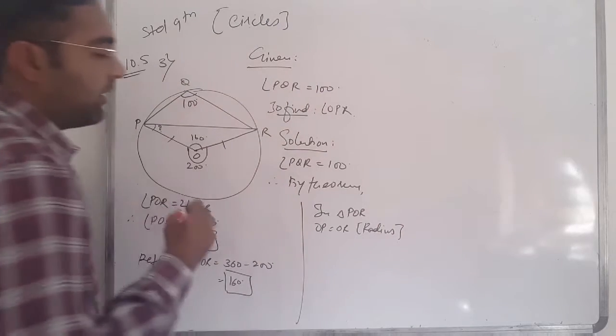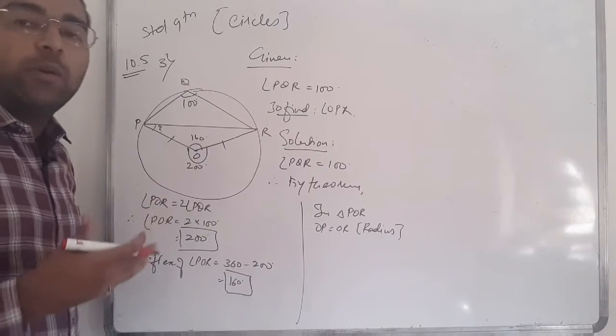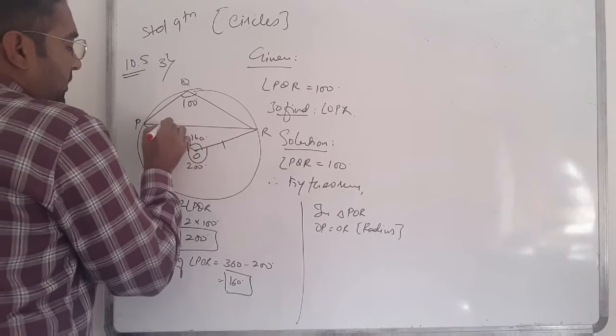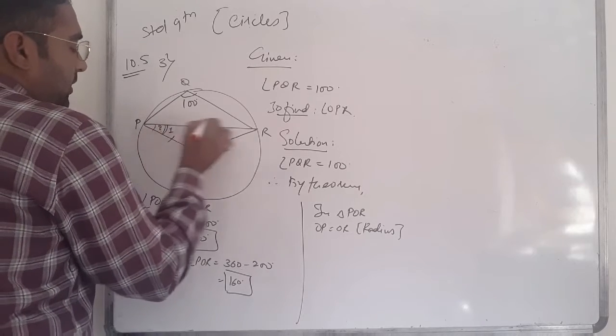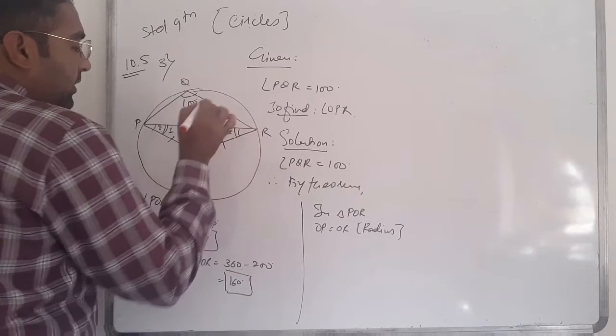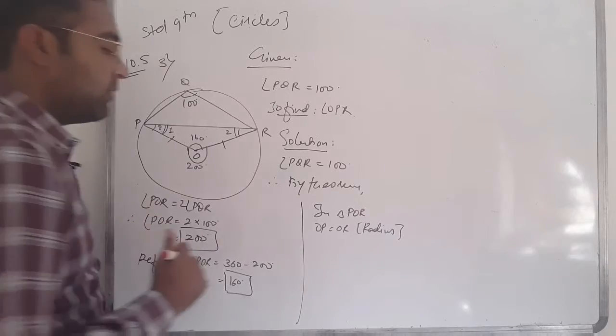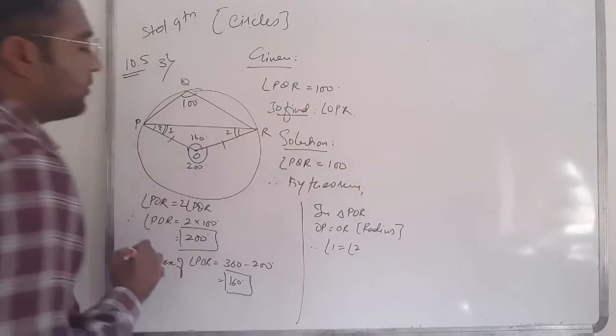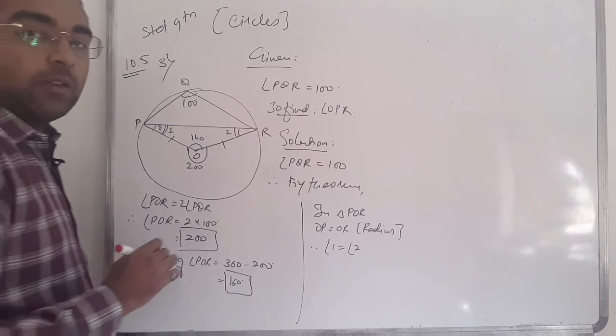We know that equal sides make equal angles opposite to them. So this one angle and this second angle are equal. Therefore I'll write angle 1 is equal to angle 2. Clear that?